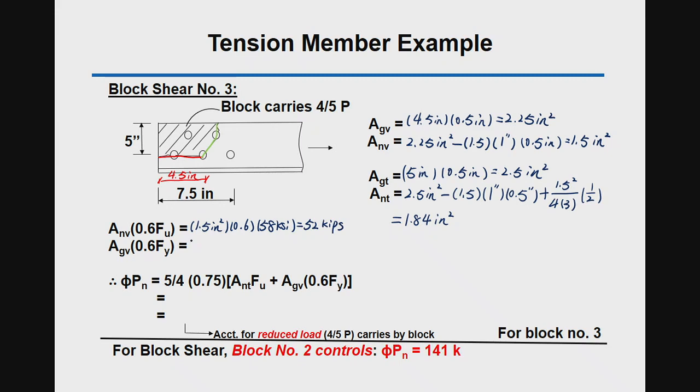And AGV is 2.25. 2.25 square inches times 0.6 times 36 KSI equals 49 kips. Okay, and as we said, this block only carries 4/5 times the P load. So VPN would be equal to 5/4 times the block shear, right?